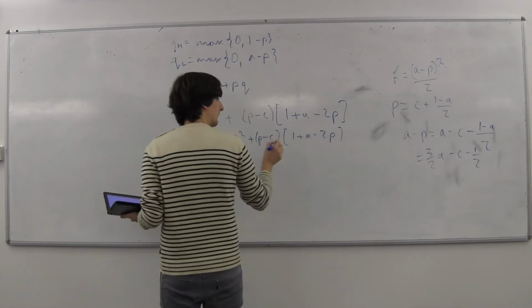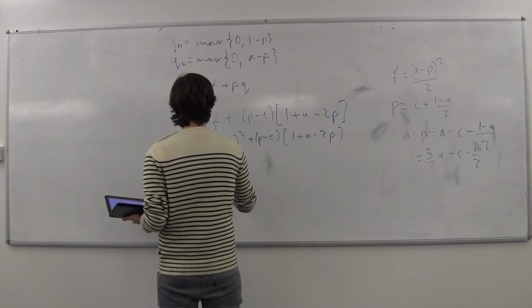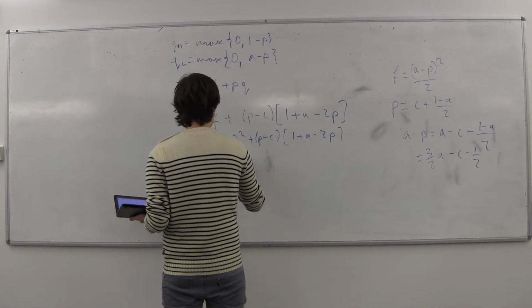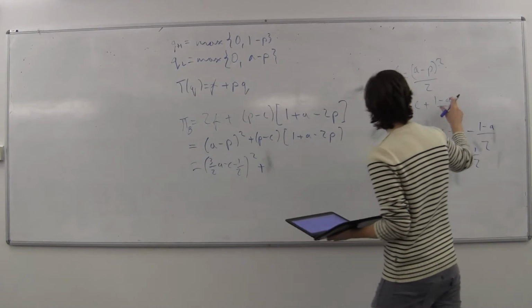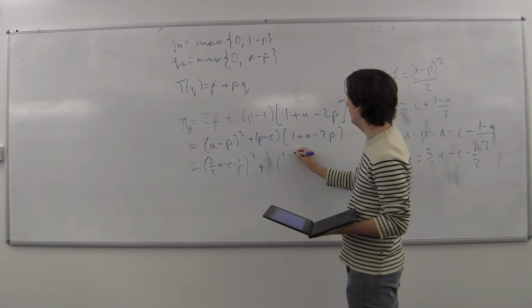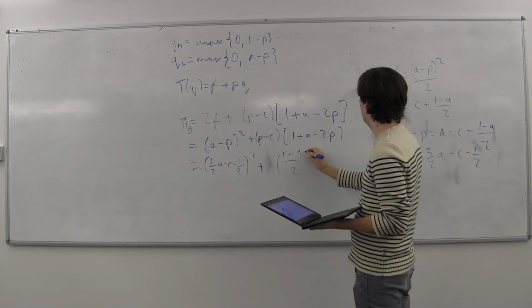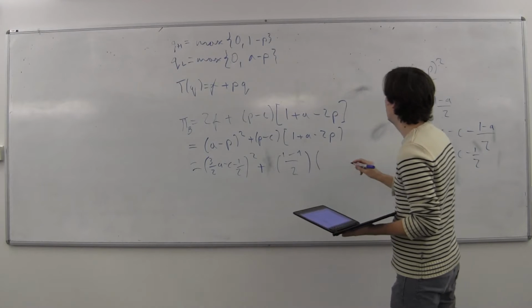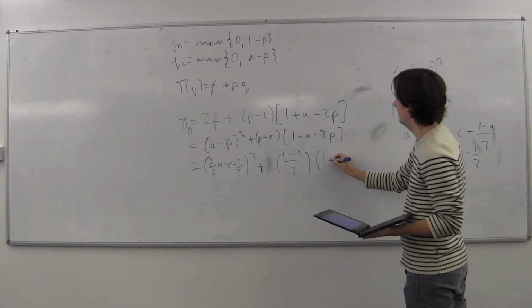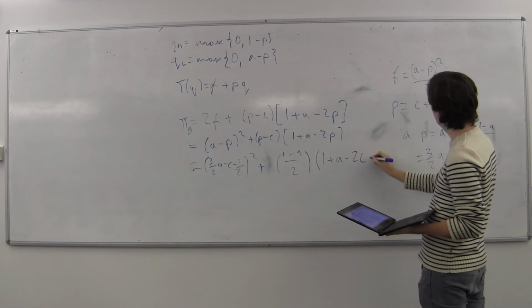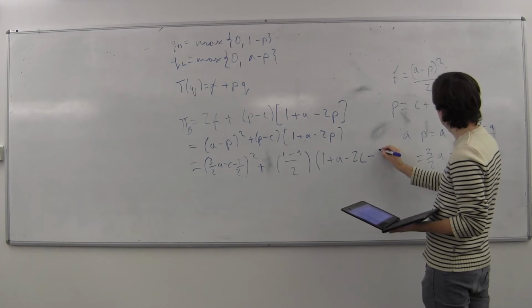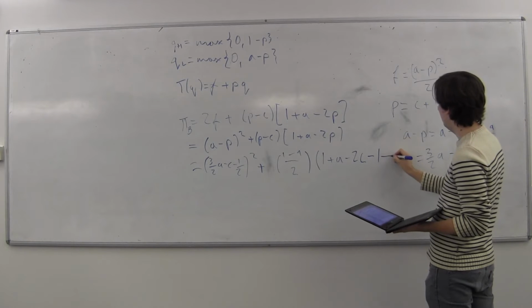Okay, so we've got that thing, 3 over 2 A minus C minus a half all squared. P minus C, which is just that, 1 minus A over 2. And then we've got 1 plus A minus 2 times P, so 2C minus 1 plus A.